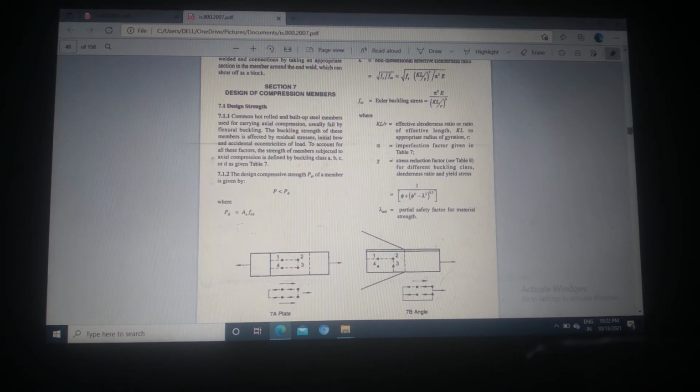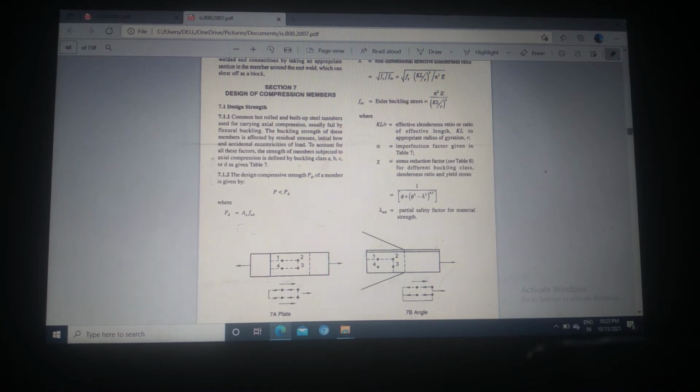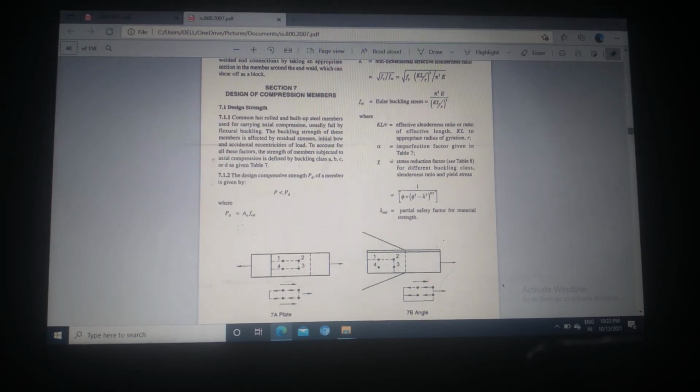You can also imagine why it is angle, because you can see above there is a thin border line. That thin border line is nothing but the front view of the angle. In the front view we are seeing the projection of the outstanding leg, because we are standing in front of it.